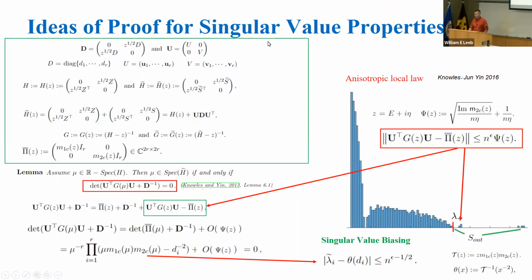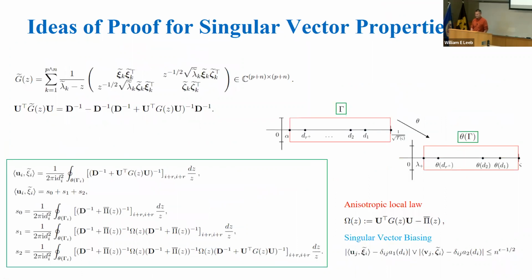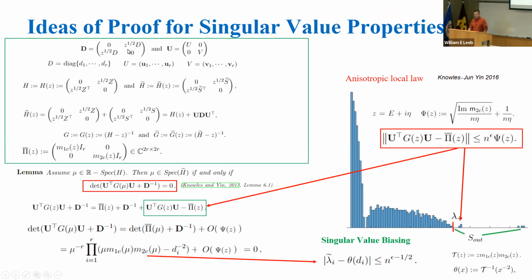So let's talk about how to prove this result for the singular values and singular vectors. It is a very traditional method, already used before, and we just write it again for our model. D is constructed from the signal singular values, the diagonal of D1 to DR. And U is constructed from the left and right singular vectors.